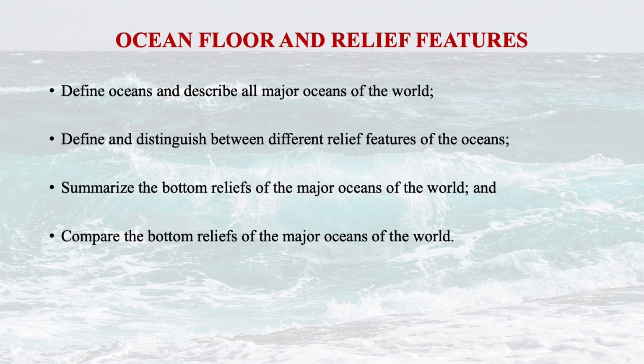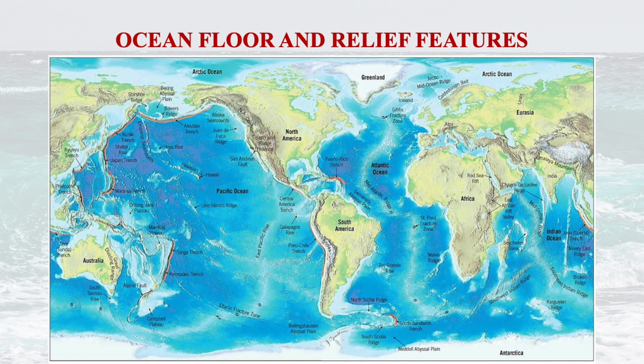Now you can compare the bottom reliefs of major oceans of the world after going through these video programs, because you have studied that in the Atlantic Ocean there's a central ridge, in the Indian Ocean also there is a central ridge, but you can compare.